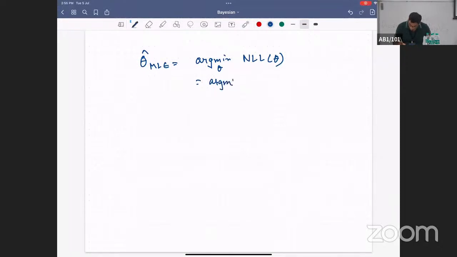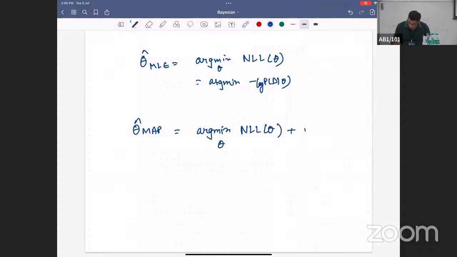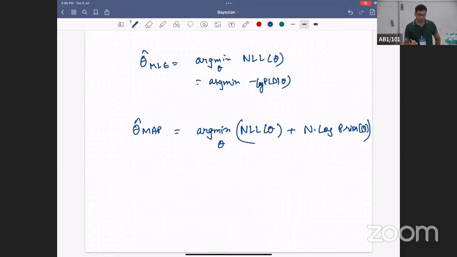This is argmin of negative of logarithm of this term, right? Similarly, we can write theta hat MAP as argmin over theta of negative log likelihood plus negative log prior of theta, right? Can we write it this way, right?